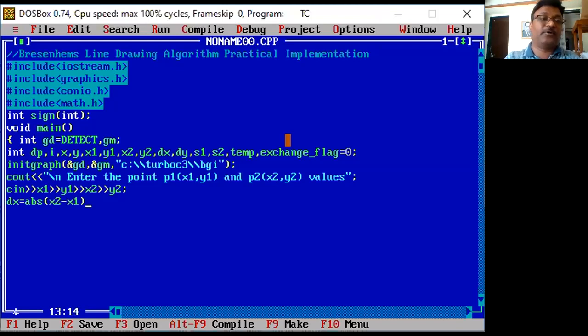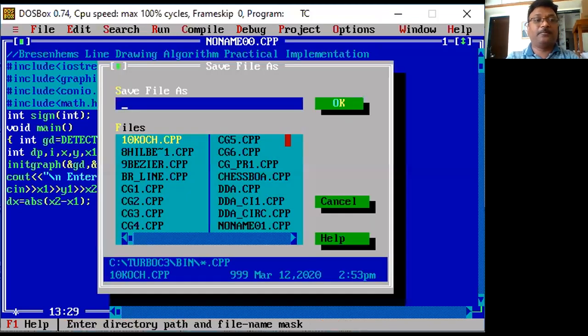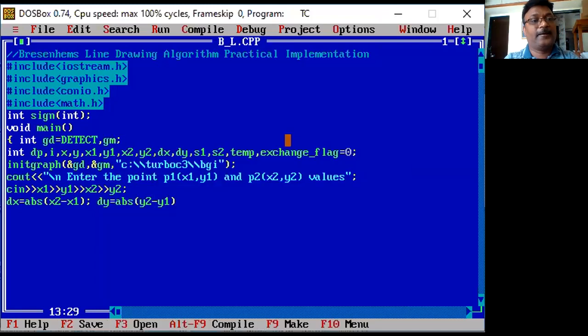Why absolute? Because dx must be positive, so this function returns the positive value. Dy again you have to put absolute y2 minus y1. So this program is saved as b underscore line dot cpp.